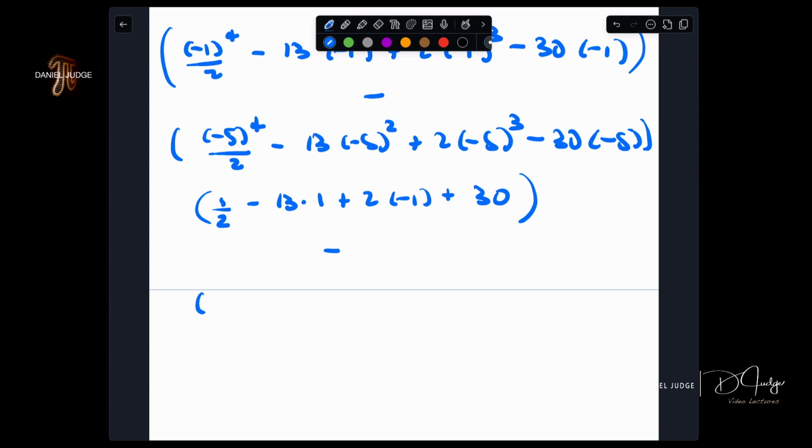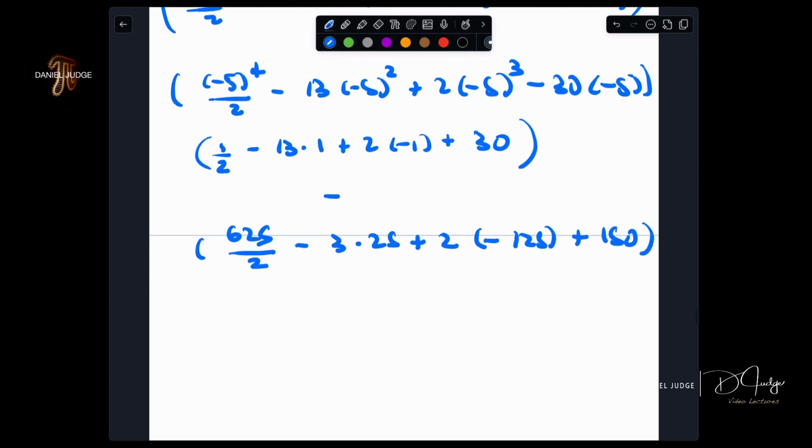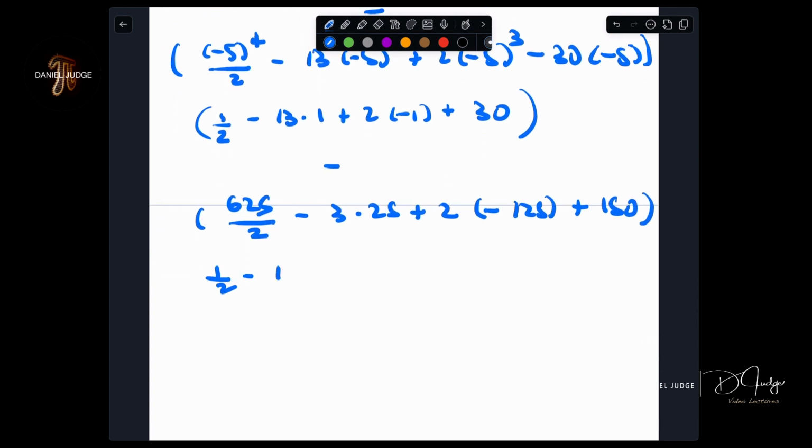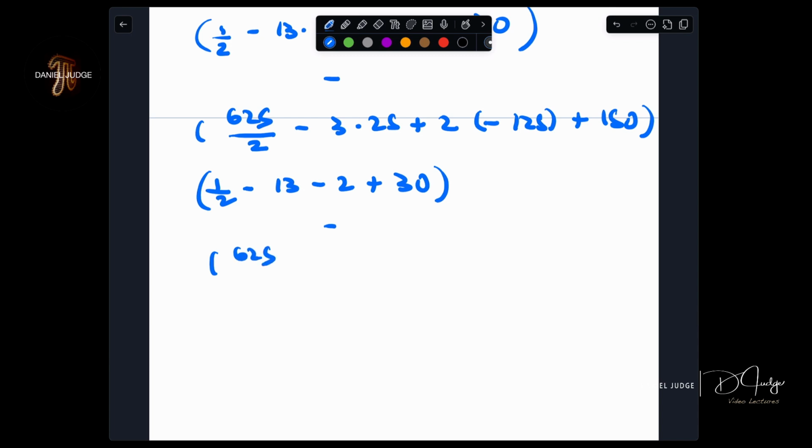Again, a negative number raised to an even power is going to be positive, so that's 625 over 2 minus 13 times 25 now, plus 2 times a negative 125 plus 150. That is 1/2 minus 13 minus 2 plus 30. Minus, you have 625 halves minus 75, 125 times 2, that's a negative 250 plus 150.